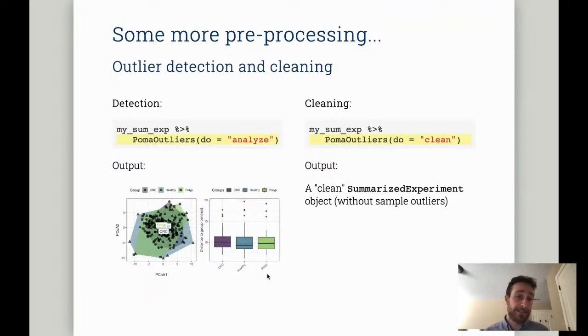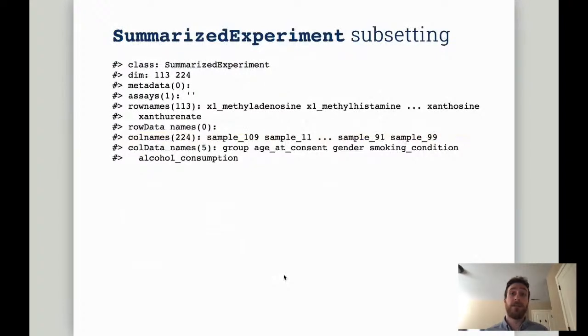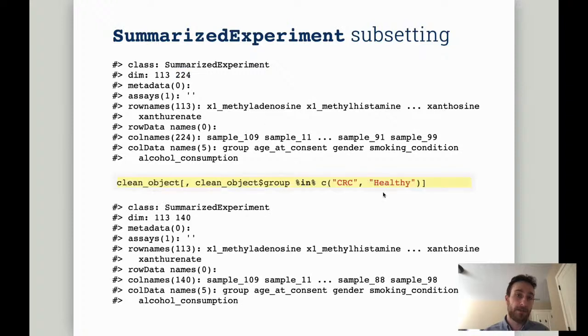But maybe, as I said, we are interested only in colorectal cancer and healthy. Luckily for us, this is a summarized experiment object, so we can do the following. This is our summarized experiment, our preprocessed object, and this is the number of samples. So running this line of code, we can subset all the data related with the colorectal cancer group and healthy group. And this is the number of samples now.